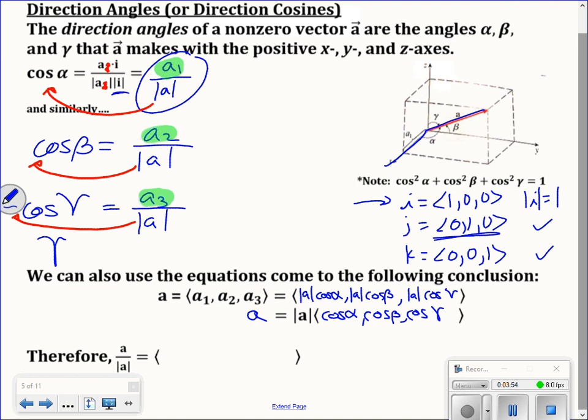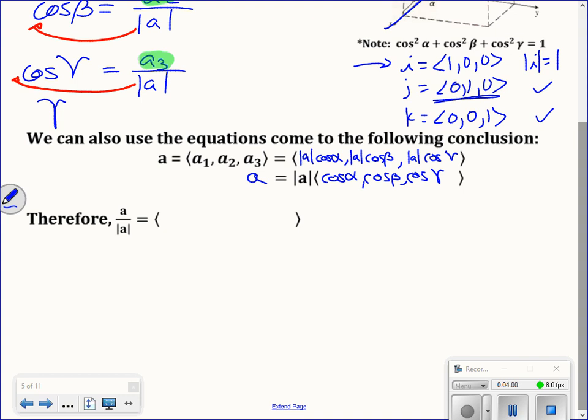So if I knew a unit vector for the direction I was going, if I take this a and divide it by the magnitude of a, producing a unit vector, I'd have cosine of alpha, cosine of beta, and cosine of gamma. So that's actually kind of neat.